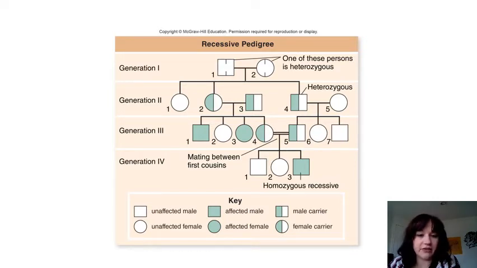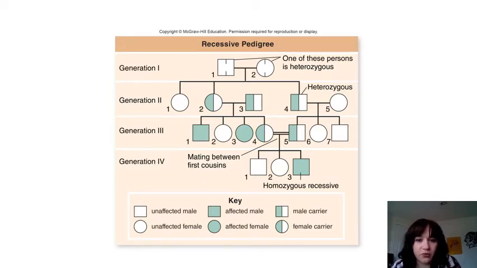So this entire second generation does not have albinism. And in that first generation, none of them had albinism. However, somehow in the third generation, we're seeing individuals with albinism. And so you can see how much less organized and predictable this pedigree is. And that is one of the indicators that it's a recessive allele.